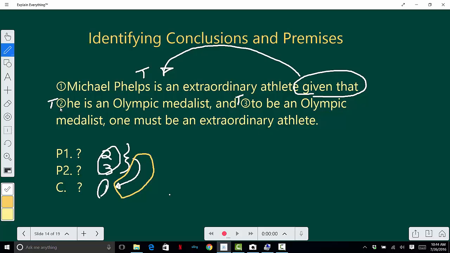Then notice our second premise tells us that Michael Phelps is an Olympic medalist. So if it's true that if somebody is an Olympic medalist, they're an extraordinary athlete, and it's true that Michael Phelps is an Olympic medalist, it's got to be the case that Michael Phelps is an extraordinary athlete. There's no way for that to be false if 2 and 3 are true.